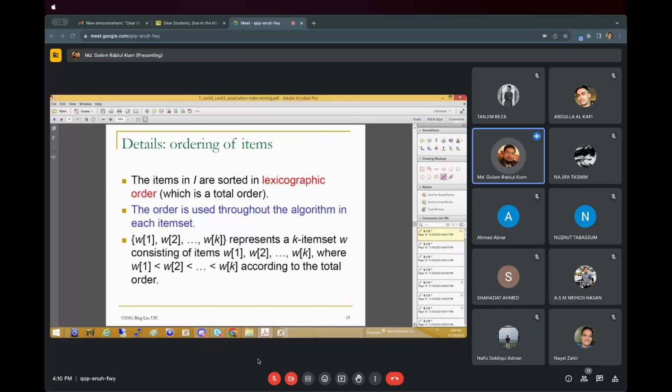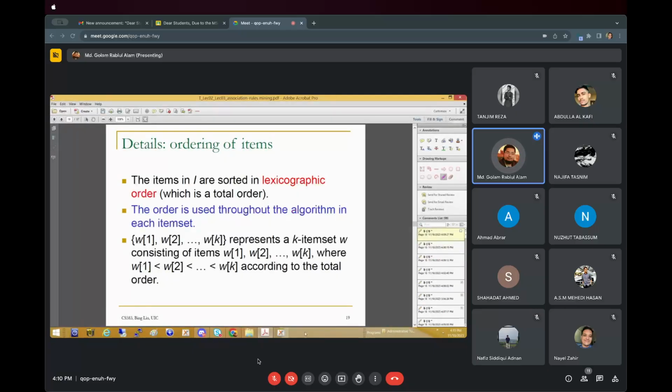But if we assign equivalent numbers, or you can say label encoding, then each and every item will be encoded to different numbers. And then you just have to order them in ascending order.